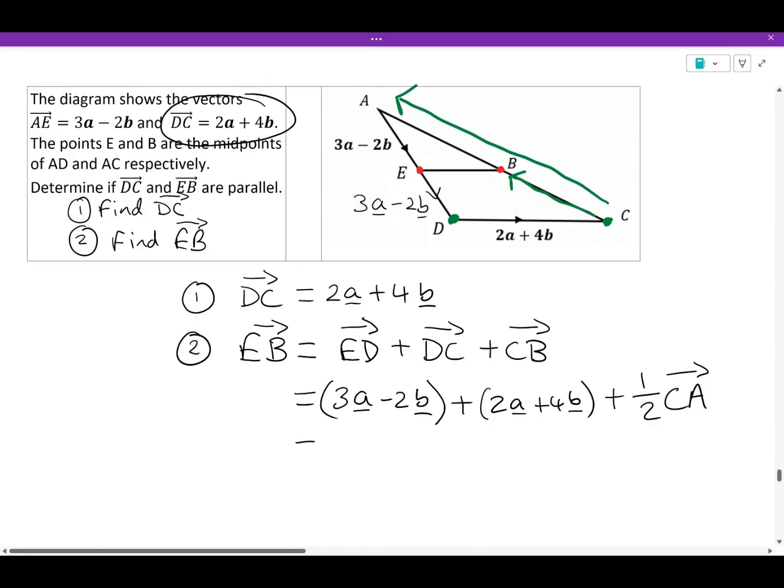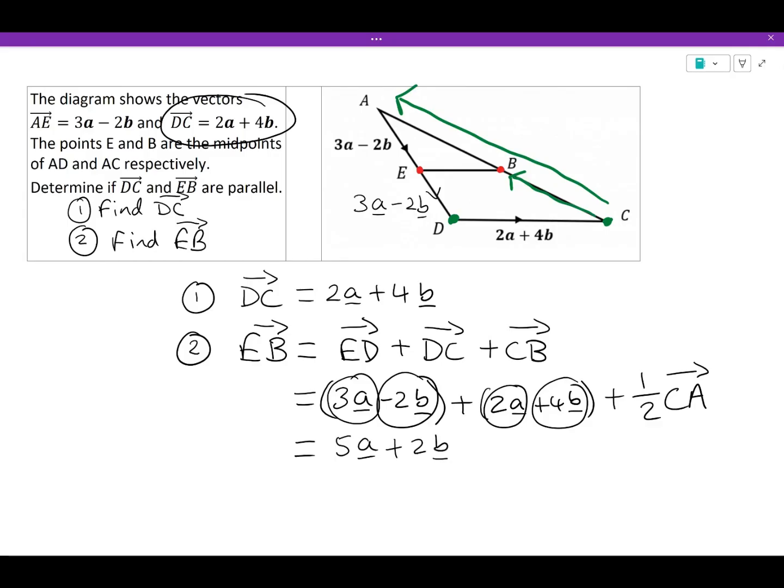Okay, so let's simplify what I've got so far. So 3a plus 2a gives me 5a. Negative 2b plus 4b gives me positive 2b. And then we need to calculate half of C to A. So let's write in my half so we don't forget it. And an open bracket. Now let's think about how I'm going to get from C to A using the vectors written on my sides. Now I can't go in the direction of B because we don't know a vector across that line.